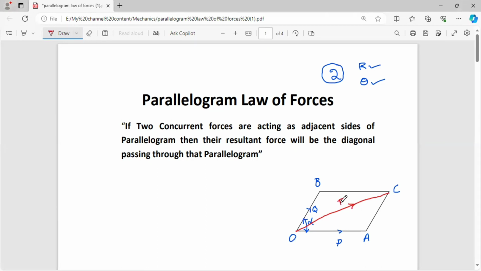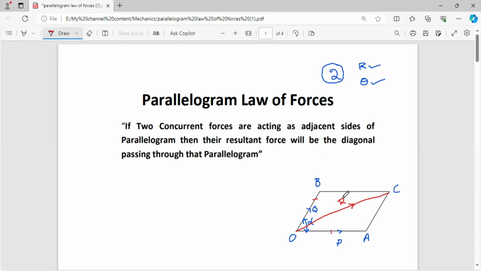That is the resultant of the two forces. That is the statement of the parallelogram law of forces. If two concurrent forces act as adjacent sides, this is one adjacent side and this is the other side, then the resultant is the diagonal passing through that parallelogram. Okay, this is the statement.